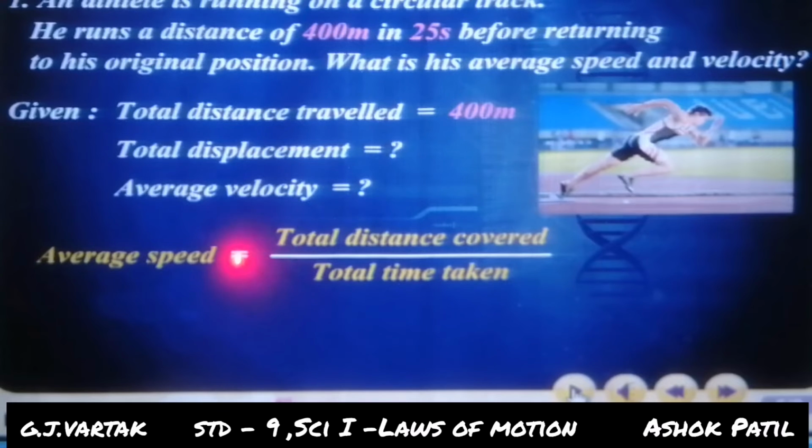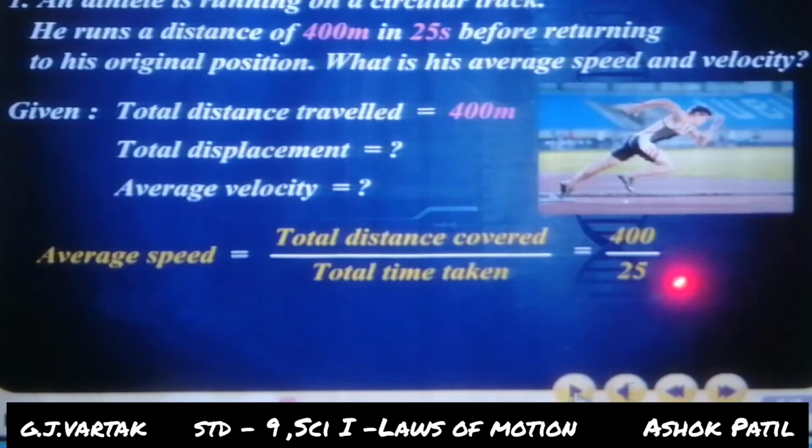Average speed is equal to total distance covered upon total time taken. This is the most important formula of average speed. Here is the value: total distance covered is 400 meters and total time taken is 25 seconds.